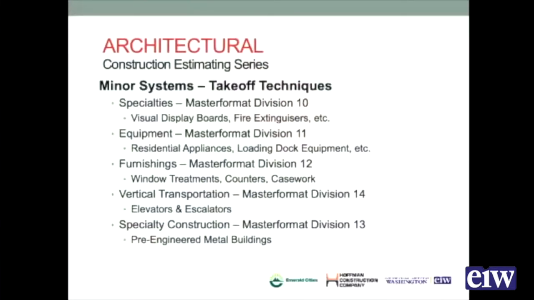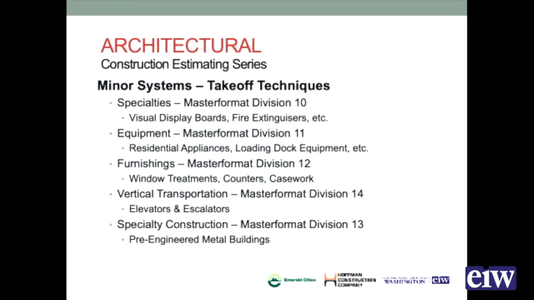So that's covered all the major systems. The minor systems that you have in architectural, you've got specialties. So MasterFormat Division 10: fire extinguishers, toilet accessories, toilet partitions, marker boards, chalkboards, those types of things. They're all each counts. You look at them, each counts by the size, typically.